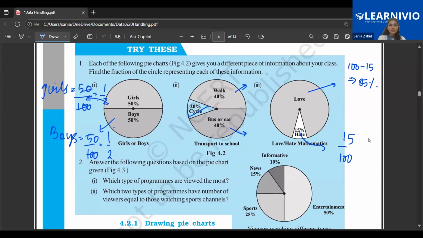So children, can you do these types of questions? Try the second and the third part. Quickly try the second and the third part on your own, children.